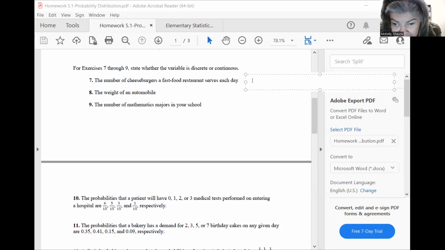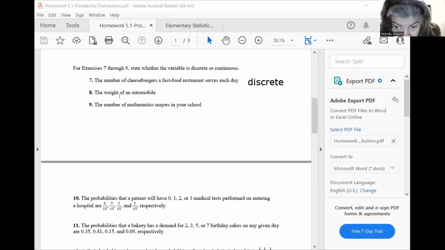No, we're looking at the number of cheeseburgers, okay? And we're going to assume that if somebody comes in and they aren't as hungry as they thought and they only ate half a cheeseburger, that counts as a cheeseburger. It counts, okay? So we're not going to worry about that, you're going to make the whole cheeseburger. So this is discrete, okay? Even if you don't know what that number is, it is a countable number.